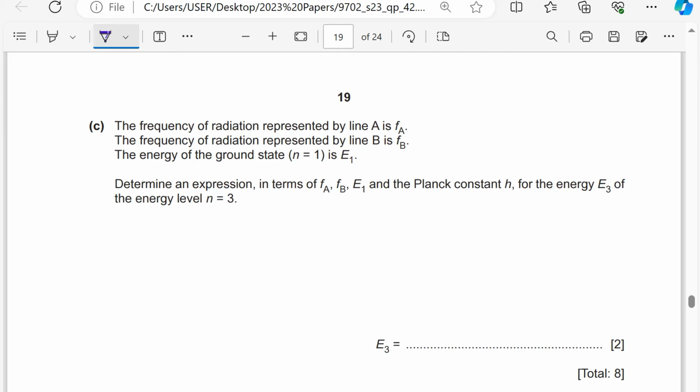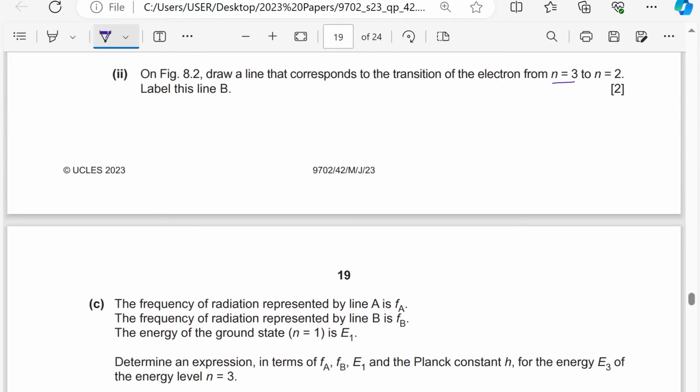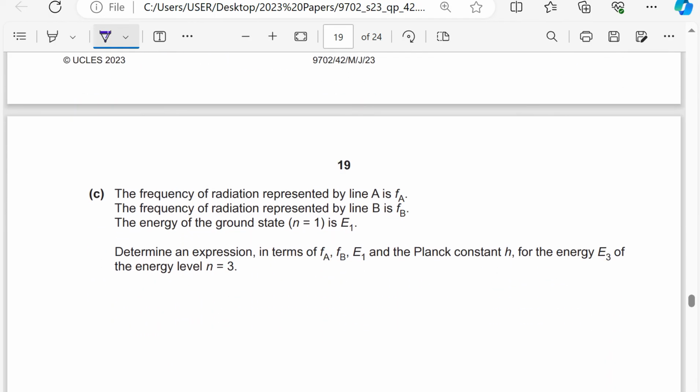Then the frequencies, I think I've not skipped anything. Okay. The frequency of the radiation represented by line A is FA. The frequency of radiation produced by line B is FB. The energy of the ground state n equals 1 is E1.